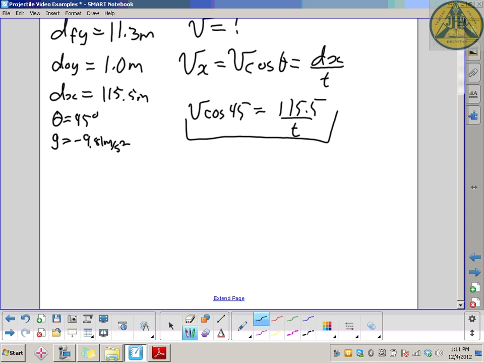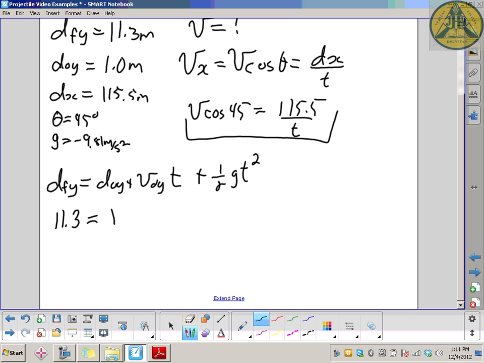Now I'm going to write out my y position equation. It's my initial y position added to my initial velocity in the y direction, multiplied by time, added to 1/2 of gt squared. Just going to write that out again, putting the values that I know in. So my final position in the y has to be 11.3 meters.